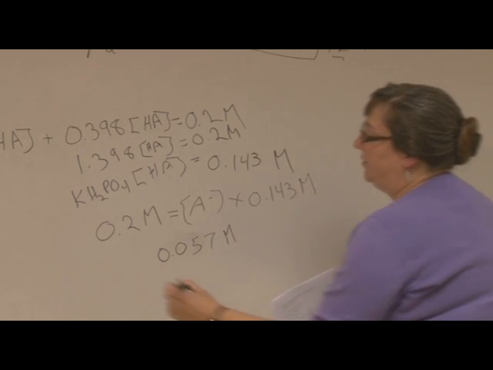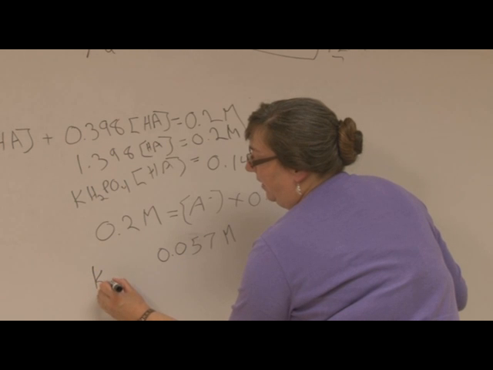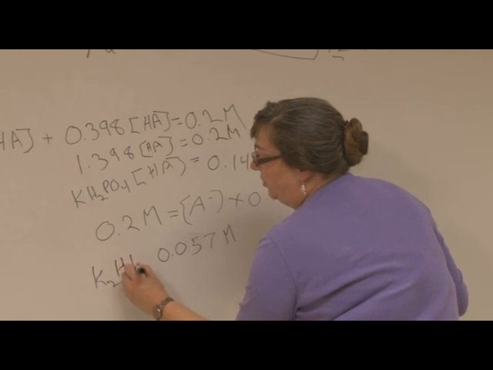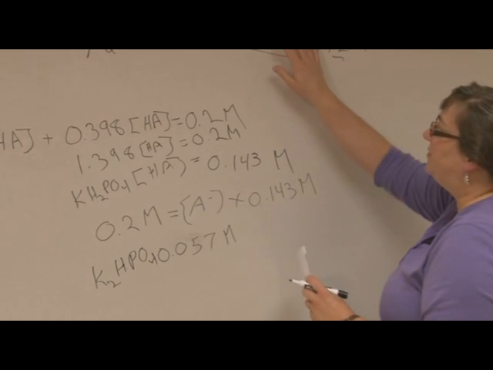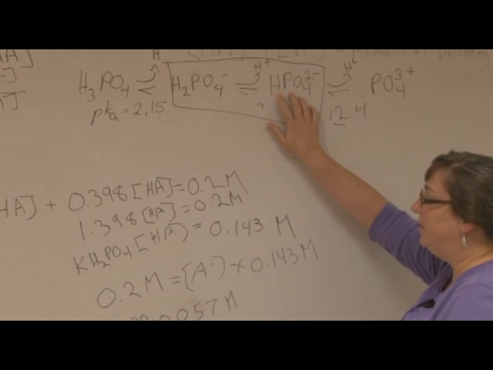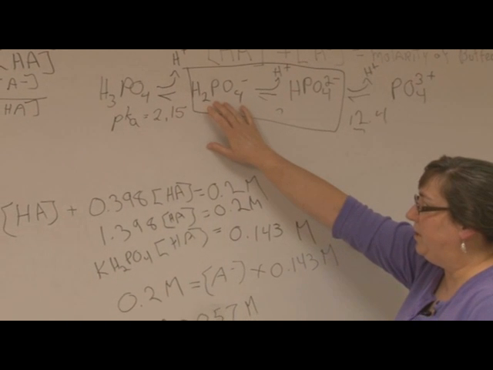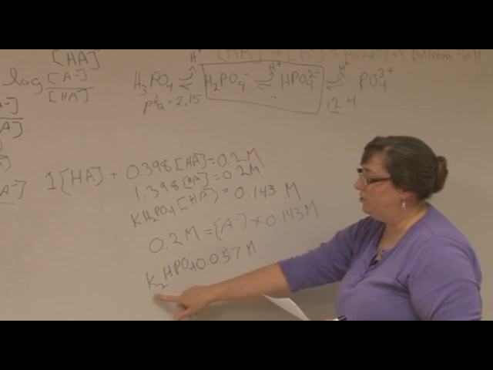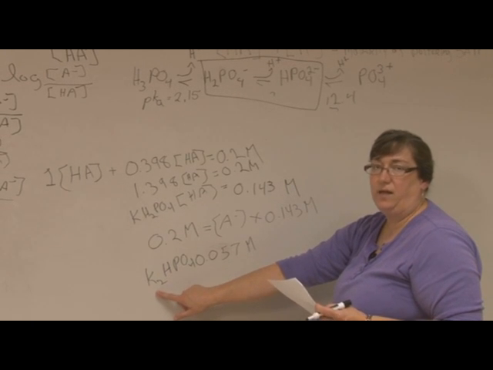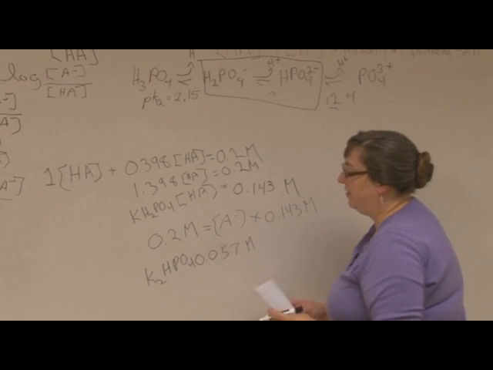Okay? So that's now going to be K2HPO4. Because remember what we're dealing with here: we're dealing with H2PO4 going to HPO4 2 minus. We're going to have 2 potassium ions as part of the salt.